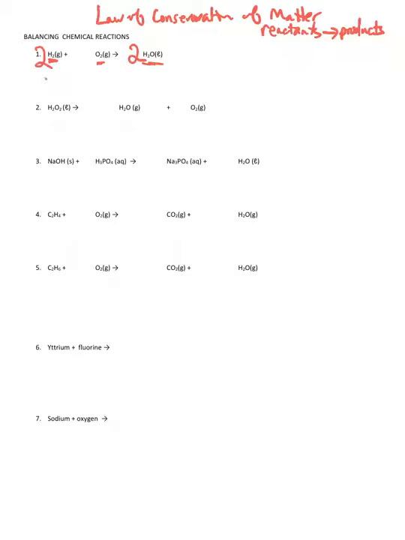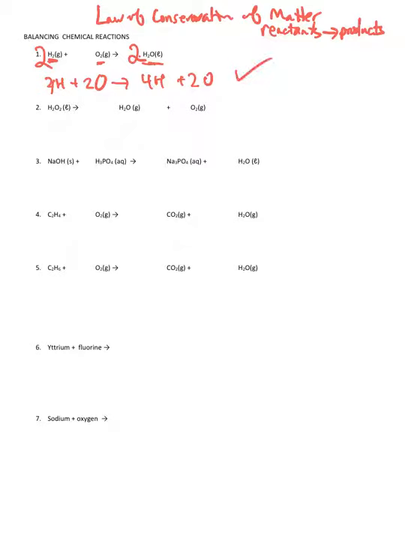If you look at the reactant side, I've got 2 hydrogens plus 2 oxygens. 2 times 2 is 4 hydrogens. Don't forget that subscript there. 2 times 2 is 4 hydrogens on the product side plus 2 oxygens, and we're balanced.